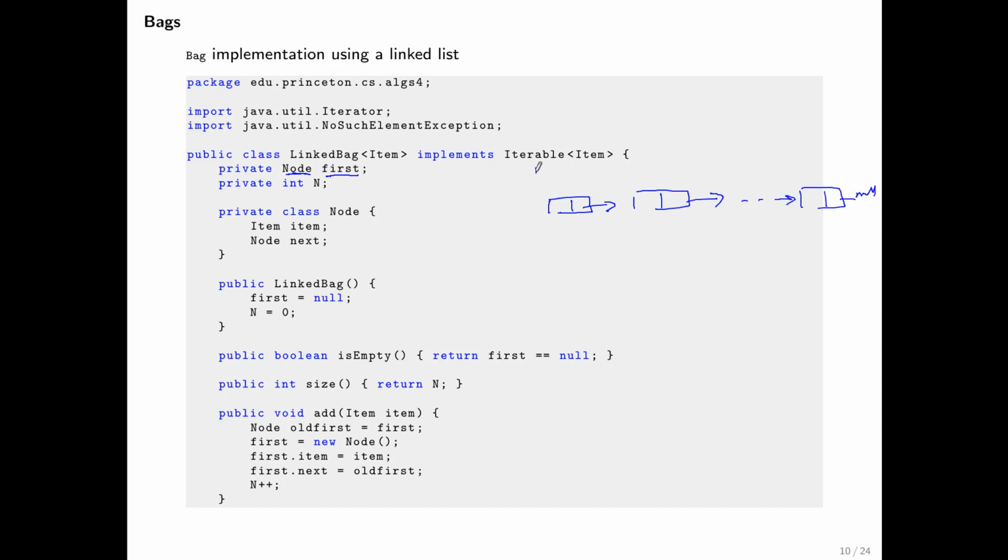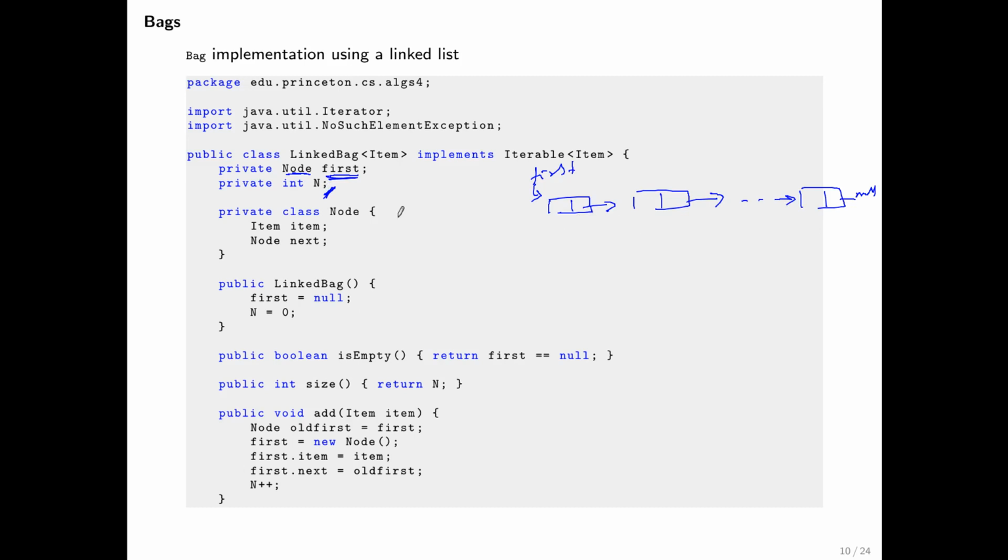And first is always going to point to the first node in that linked list. And then in addition, we also have capital N, which is simply going to store the number of nodes in the linked list. Now, since there is a correspondence between the items in the linked list and the items of the bag, this quantity N, which is the number of nodes in the linked list, is also the size of the bag itself. So N basically is keeping track of the number of elements in the bag.